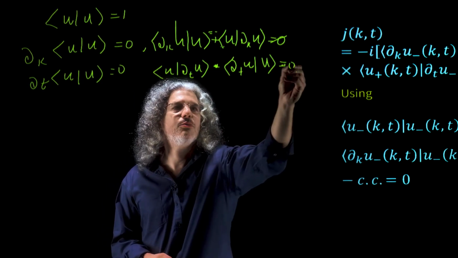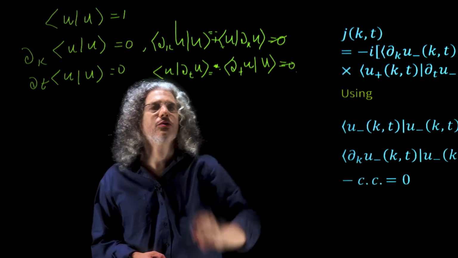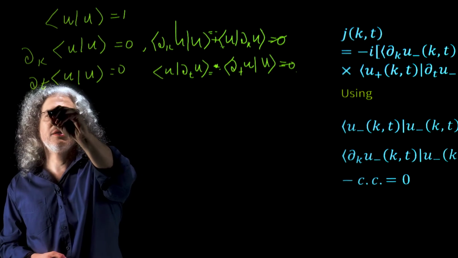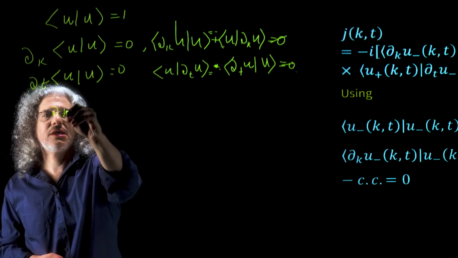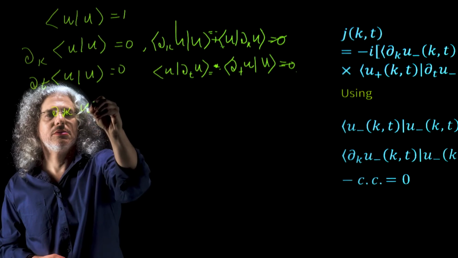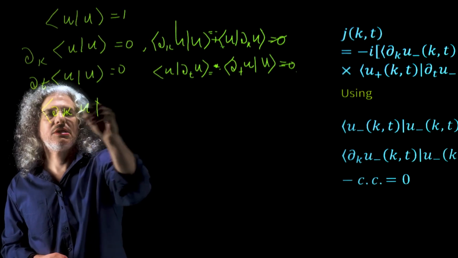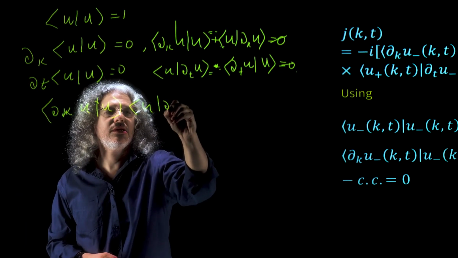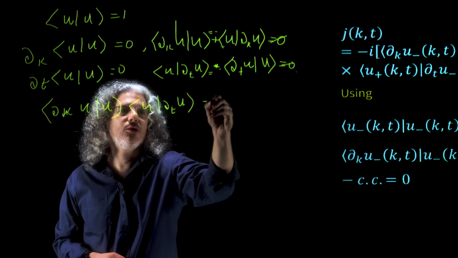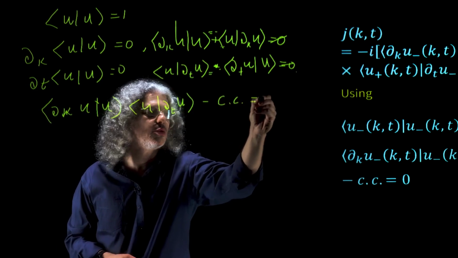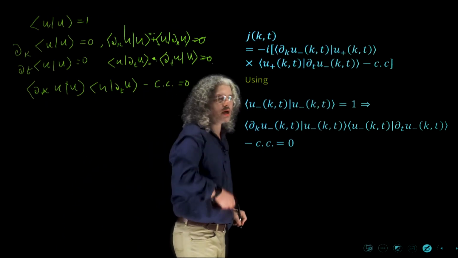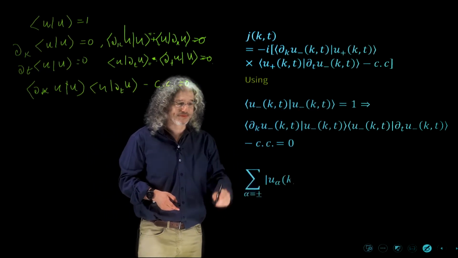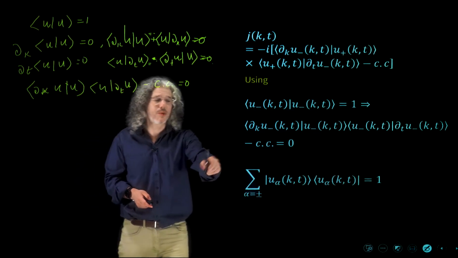I multiply both sides of the equations, and I get that <∂_k u|u><u|∂_t u> minus the complex conjugate is equal to 0, which is exactly the formula that we have here.